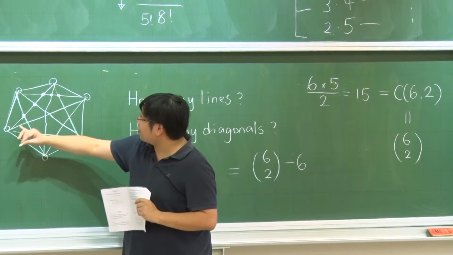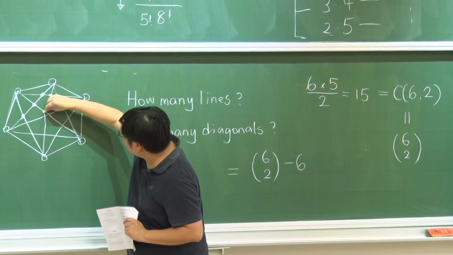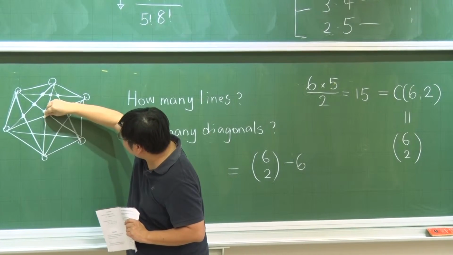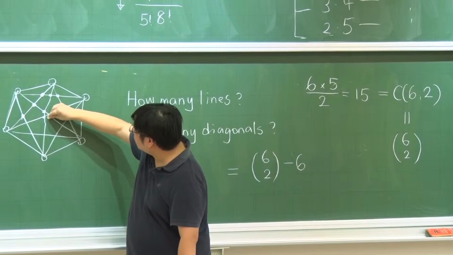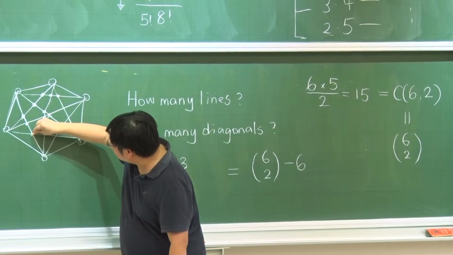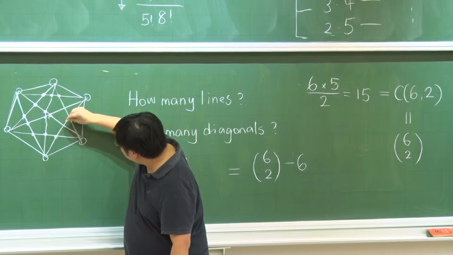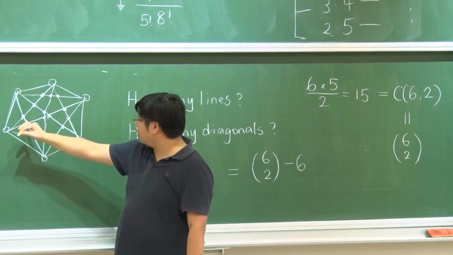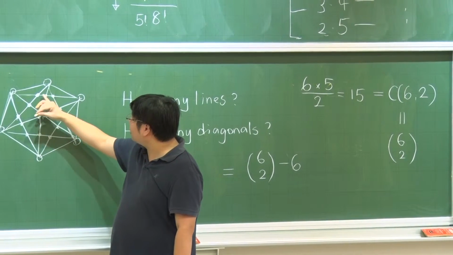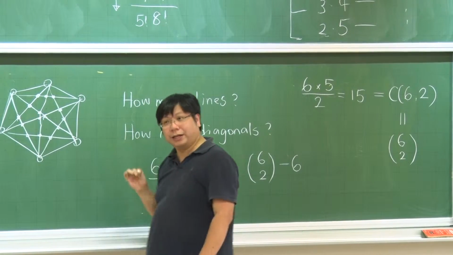If we draw this like this, this one is an intersection point. This is going to be different from this one, and different from this one. So if we count it, how many intersections? Let's do this. 1, 2, 3, 4, 5, 6, 7, 8, 9, 10, 11, 12, 13, 14, 15.